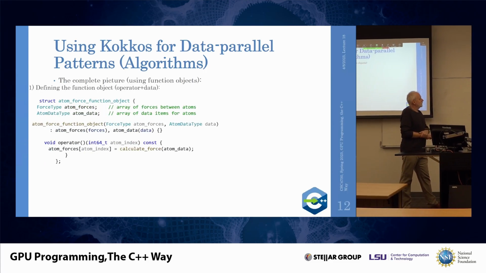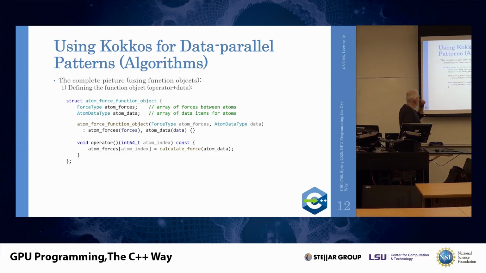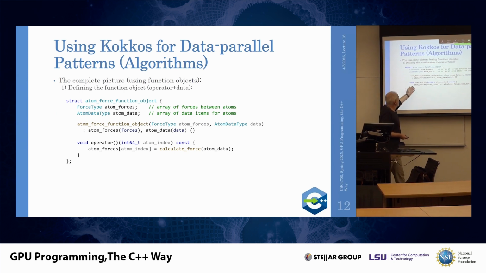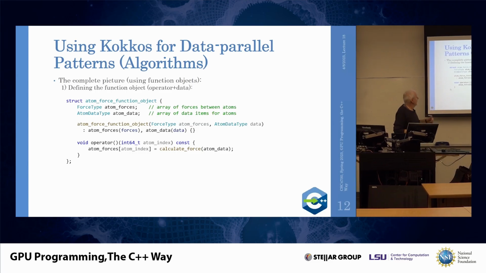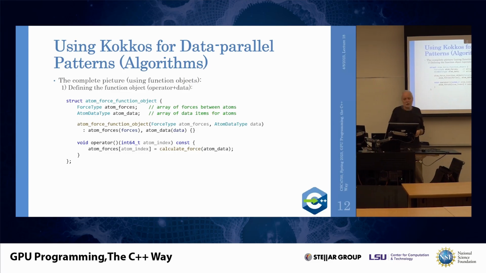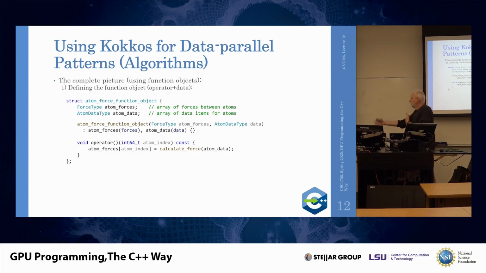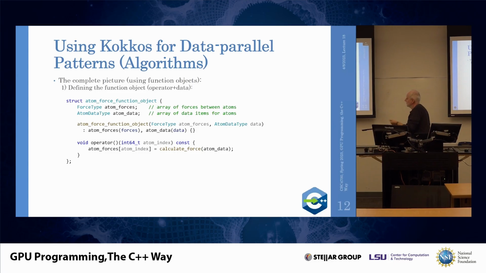So let's complete the picture. Let's say I want to compute the forces for each of the atoms, and I want to assign whatever comes back from calculate forces to an array element that is identified by the current index. And you already see that the function operator takes one argument, which is the index of the iteration that identifies the element this operator should be invoked on.